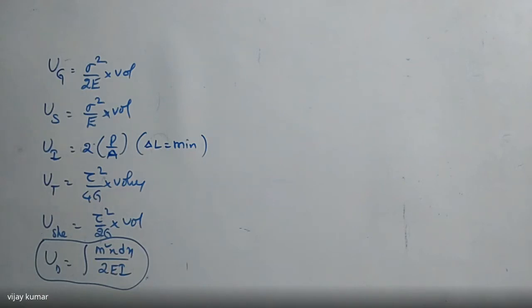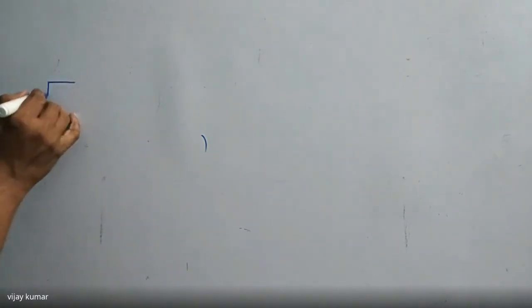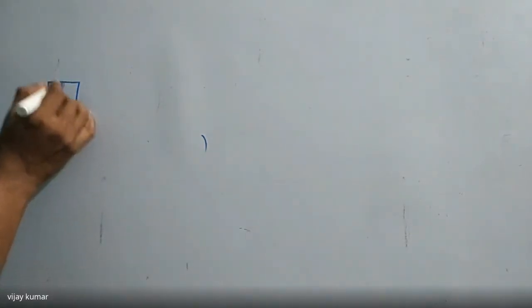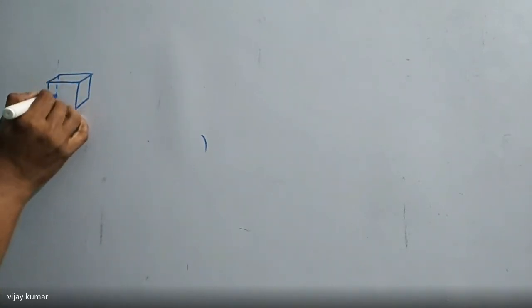You get my point or not? So these are the formulas we have to remember to solve any problem in strain energy. And one more point is also there, that is, how to calculate strain energy in one-dimensional, two-dimensional and three-dimensional states. Here, if I take this one, it is nothing but a component subjected to a one-dimensional state of stress.